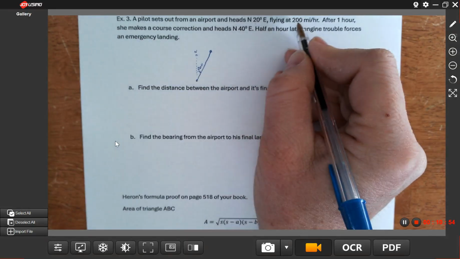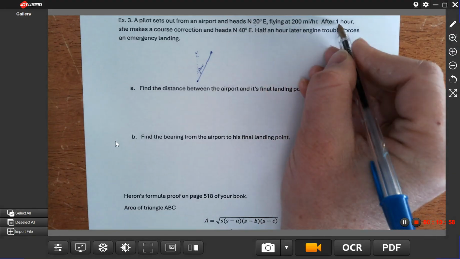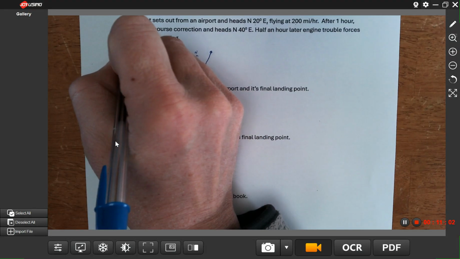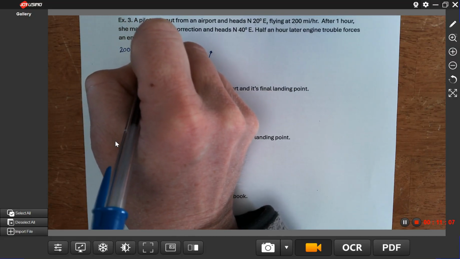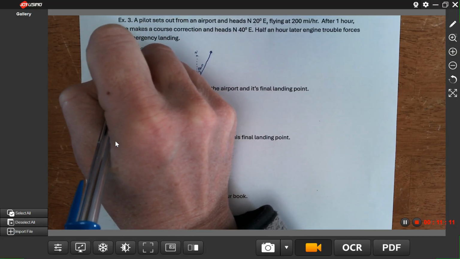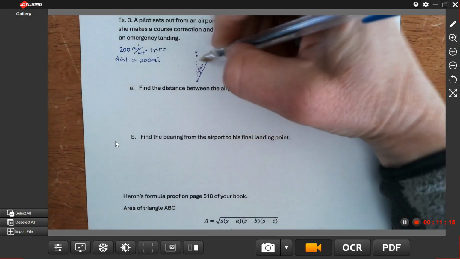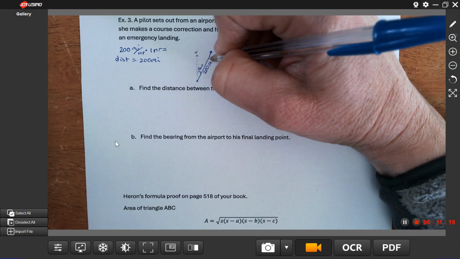And we fly at a speed of 200 miles per hour, and we do that for 1 hour. So 200 miles per hour times 1 hour equals a distance of 200 miles. So this length of the journey is 200 miles.